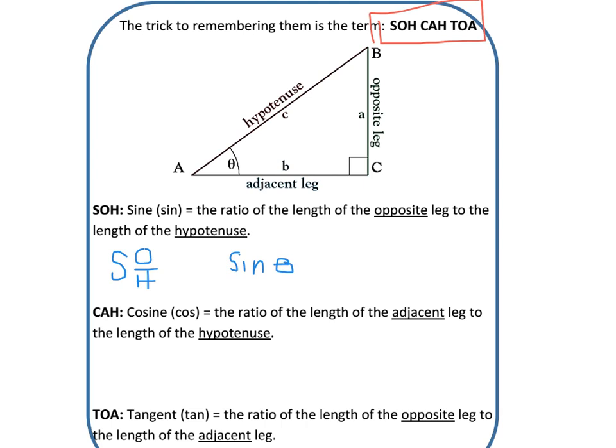Okay, so sine of theta equals the opposite over the hypotenuse. So this is just a ratio to help us figure out missing side lengths, and O is opposite, H is hypotenuse. When we use SO, we're saying the sine of theta is equal to the opposite leg over the hypotenuse.